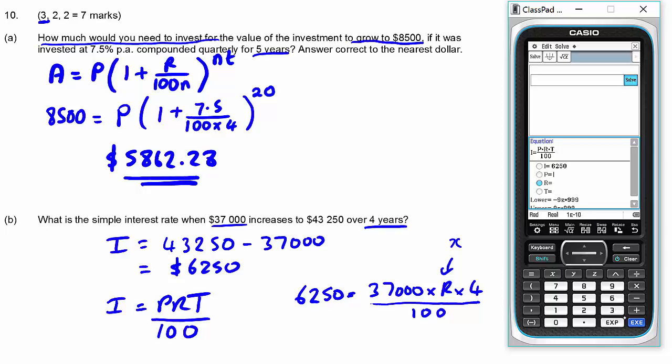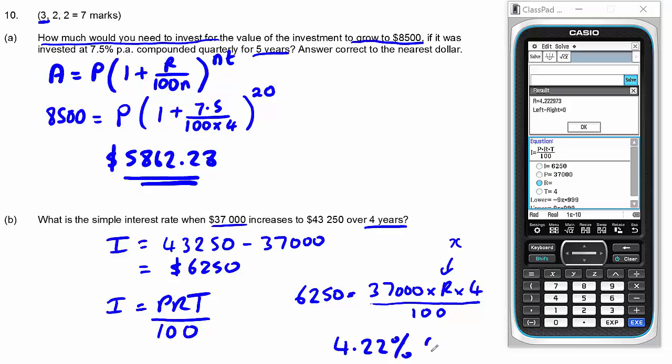We know the principal was 37,000. And we know the time was 4 years. And you just click on the little solve button up here. And that gives us 4.2229. So we'd probably say that that's 4.22%, correct to 2 decimal places.